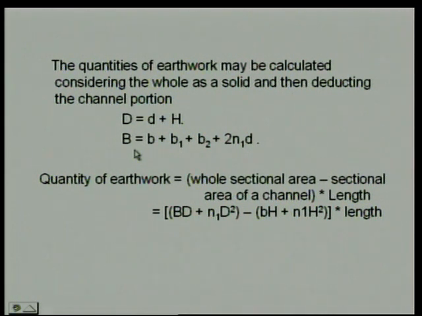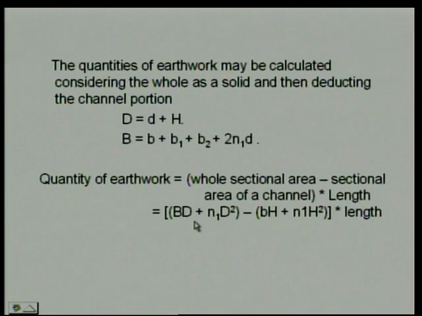B, the total width of the canal in embankment, is nothing but small b plus B1 plus B2 plus 2N1 into D. So, the quantity of earthwork is the whole sectional area, that is, we are considering the total sectional area minus the sectional area of the channel. Sectional area multiplied by the length gives the quantity of earthwork.